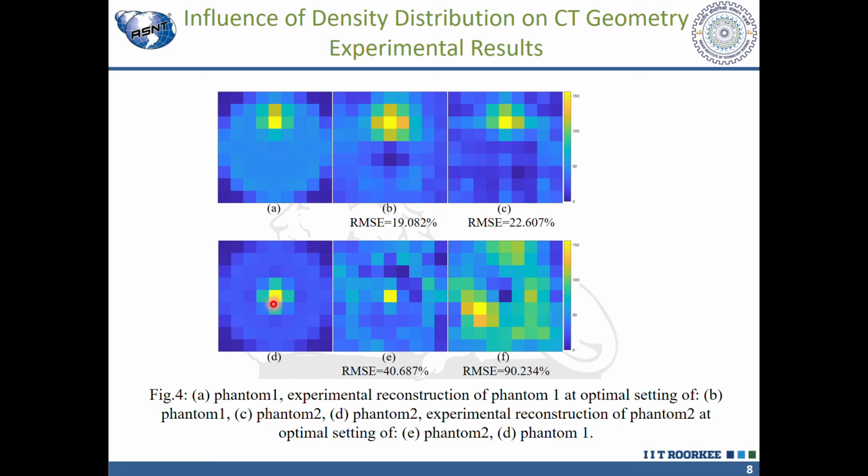While for phantom second, at the optimal geometry of phantom first, it gives a very weird result. These results are in good agreement with the simulated results. However, a huge difference can be seen in the reconstructed results of phantom 2.